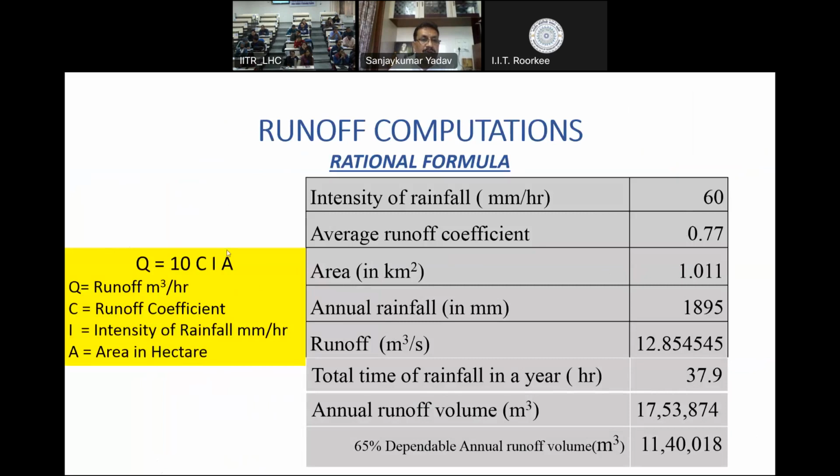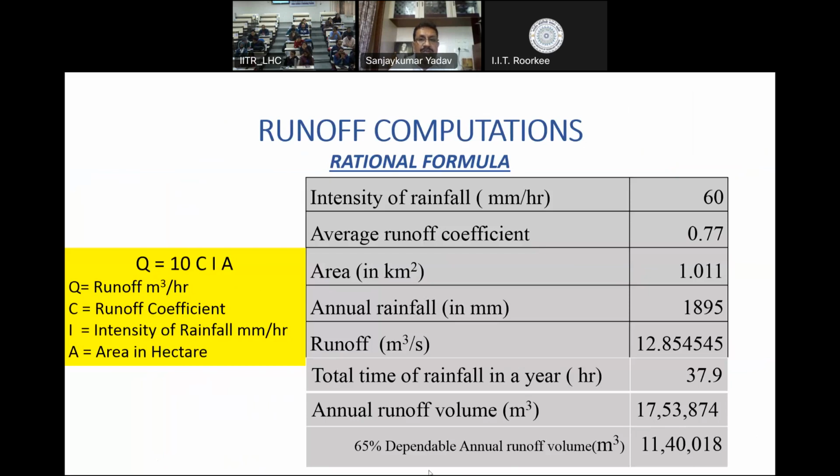Using the rational formula proposed by the code, Q is equal to 10 CIA, the amount of runoff generated from the campus has been worked out as 17,53,874. As we have seen, the dependability level depends upon the amount of average annual rainfall.